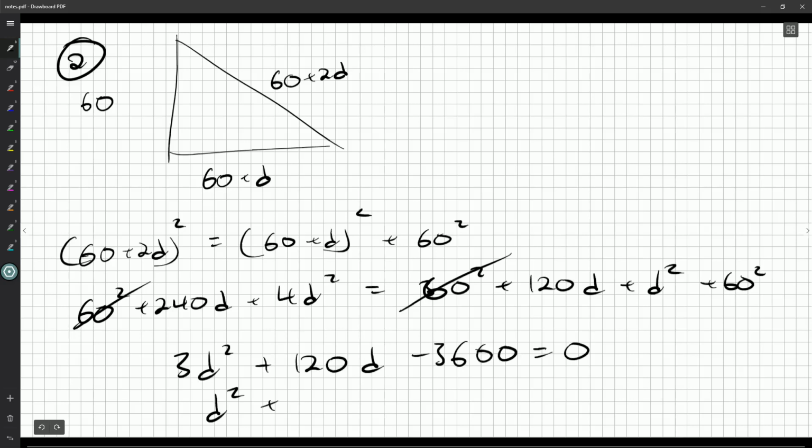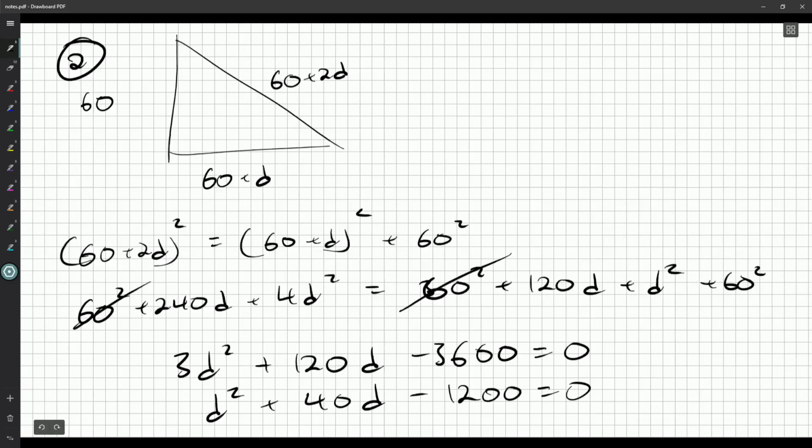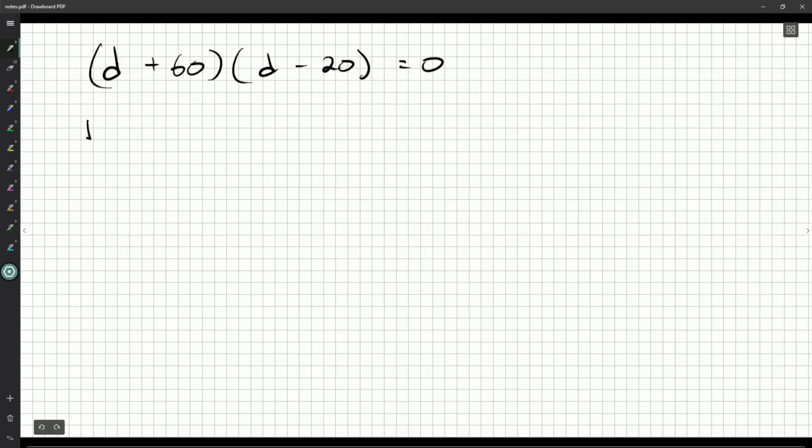Divide both sides by 3. And since I'm pretty sure d being equal to negative 60 will work, we could factor this. I'm going to say d plus 60, and then d minus 20 equal to 0, because then I'd get the plus 40. And 60 times 20 is 1200. So d is negative 60 or 20.